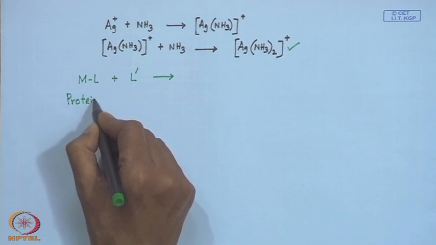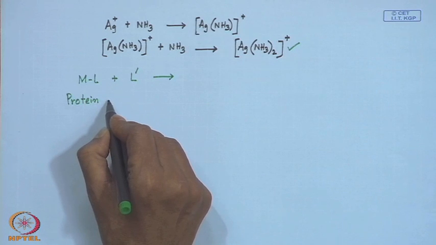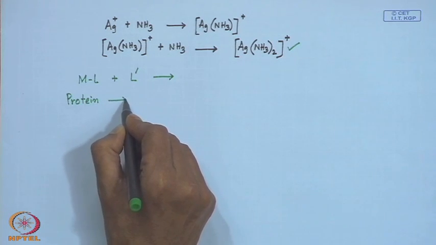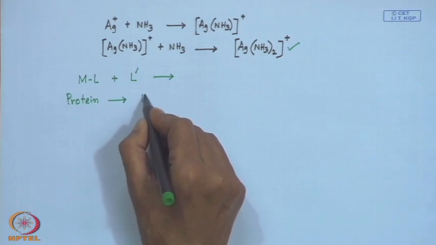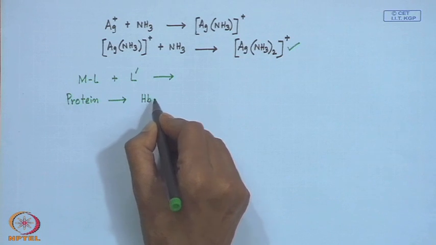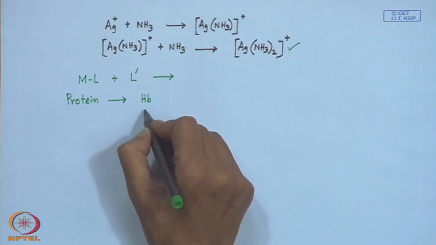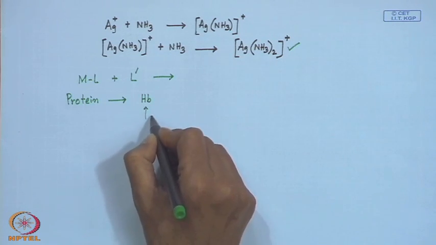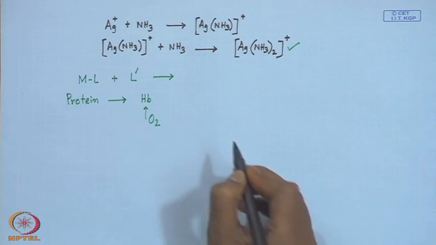One good example we will talk about in one of our future classes is the binding of oxygen by hemoglobin during the oxygenation reaction.